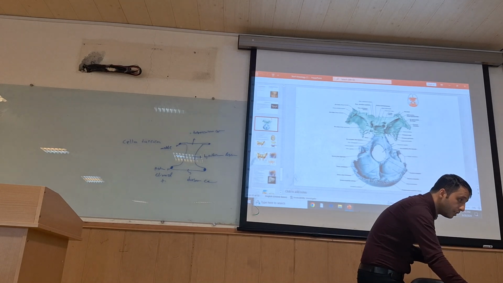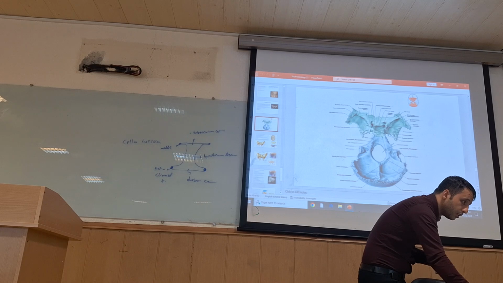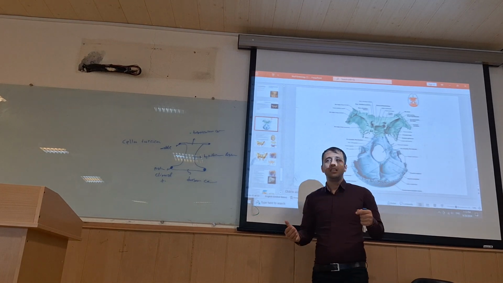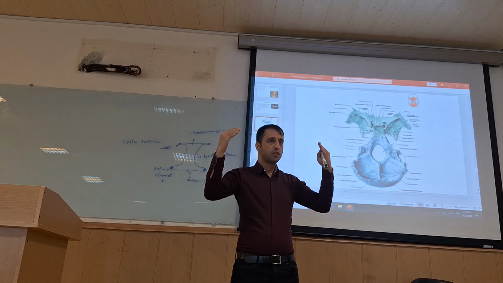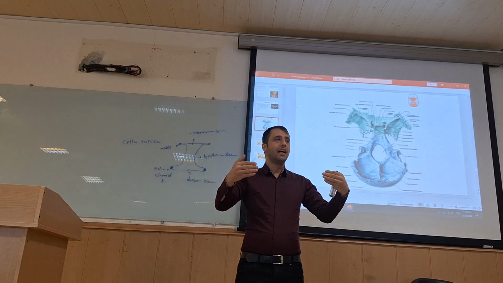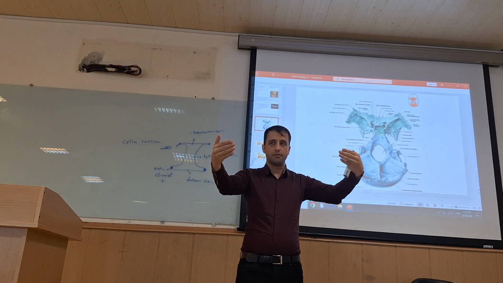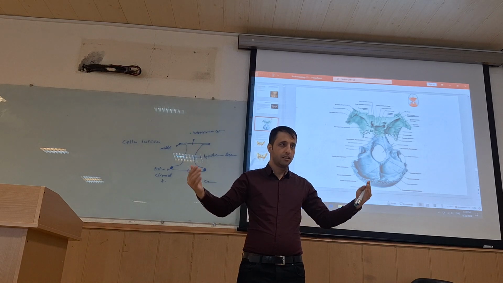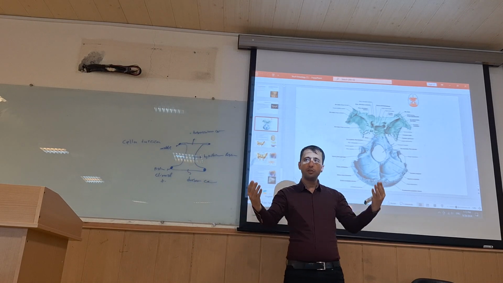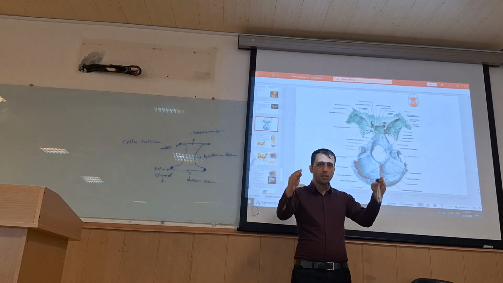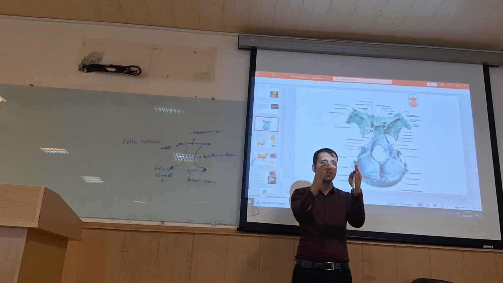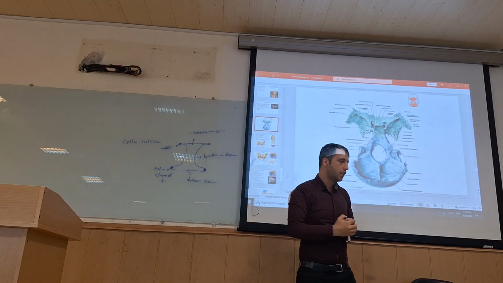Look at here. At the lateral surface of the body of the sphenoid, I said that in the lateral surface, I have the site of attaching anteriorly the lesser wing, then the greater wing, and inferior to the greater wing, the pterygoid process attached to the lateral part of the body of the sphenoid.